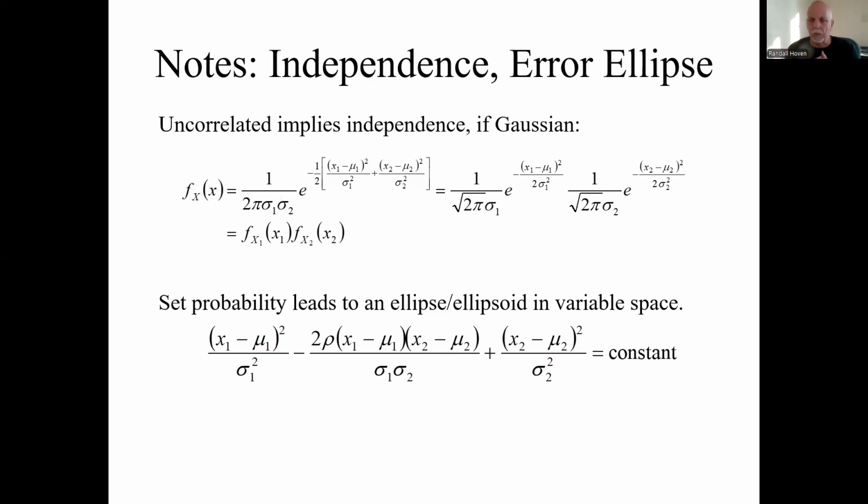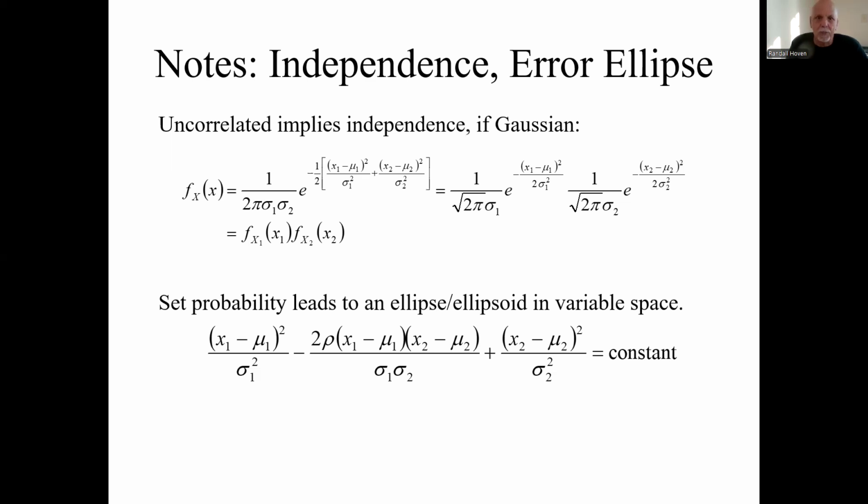So sometimes you'll hear people talk of an error ellipse. It's the shape within which the probability that the thing will be is less than some number. So you have a 1 sigma ellipse, which says so much of your probability is within this ellipse.